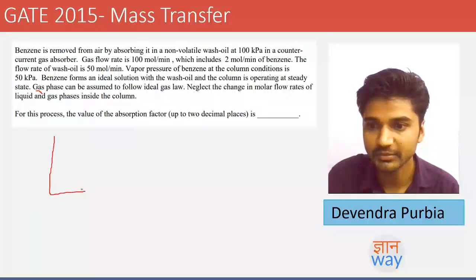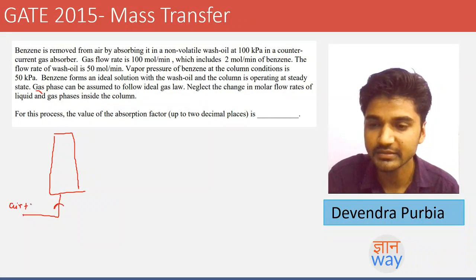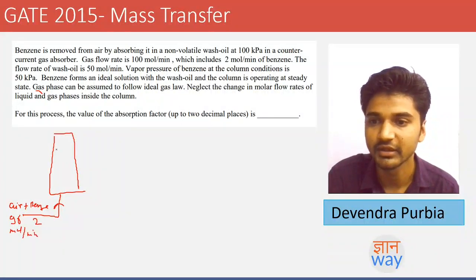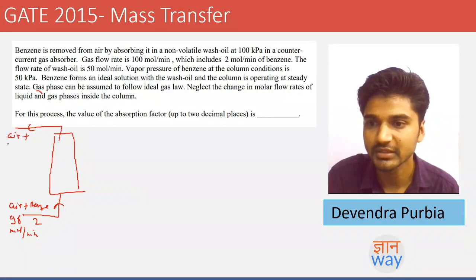So we have this absorption column where we have the inlet flow as air plus benzene, with 98 air and 2 benzene moles per minute, which is already given, and the outlet where we have air plus benzene.